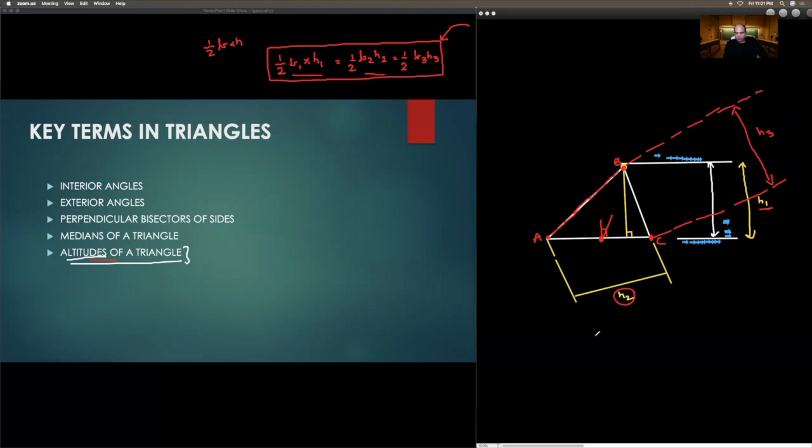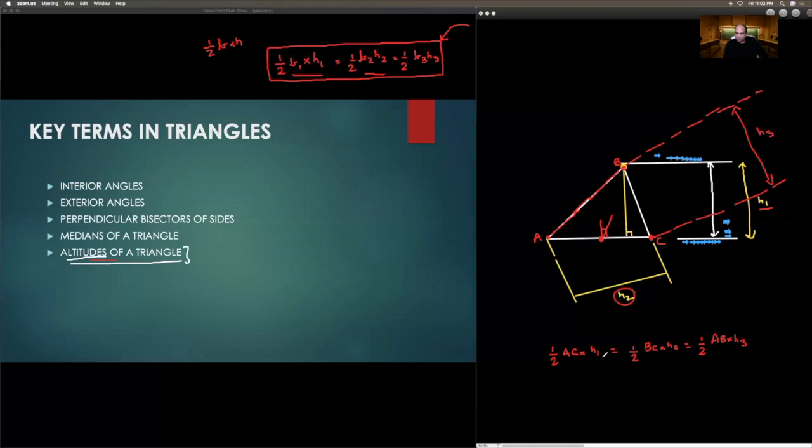So your visualization should be complete at least at this point. Half AC into H1 will be equal to half BC into H2, will be equal to half AB into H3.